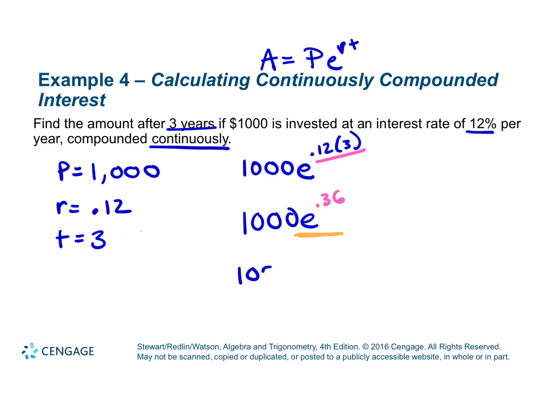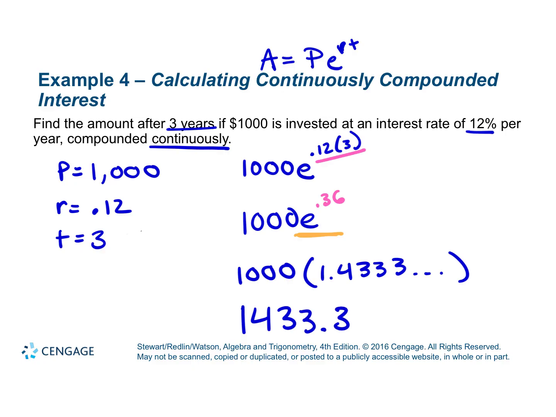That would be 1.4333. It keeps going, but we're just going to leave it in the calculator. Last step is we're going to multiply it by 1,000. So we get 1,433.329. So that would round to 33.